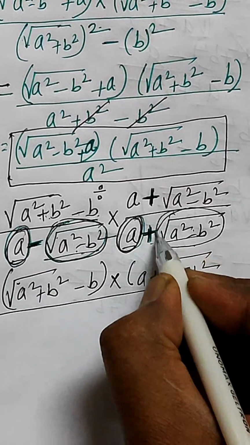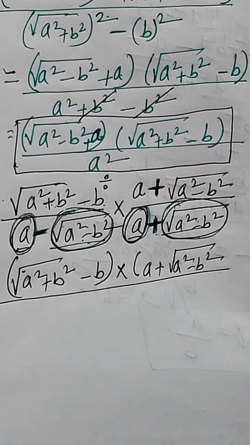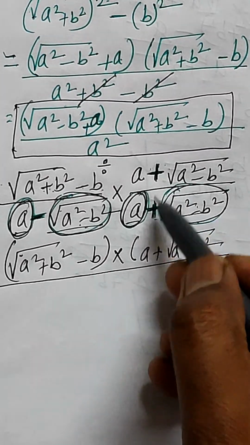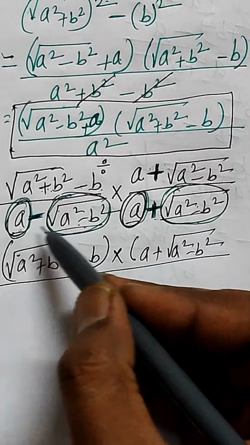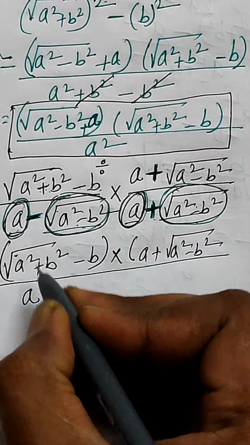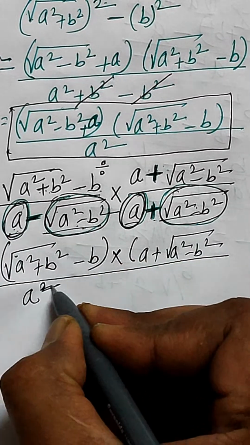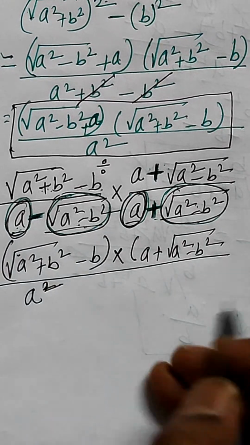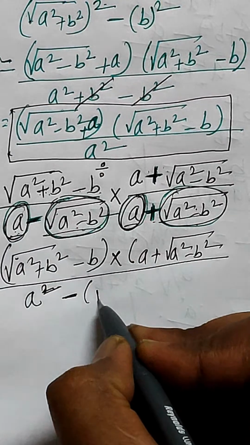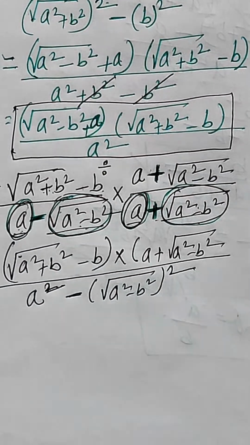I hope you understand. Just follow the denominator, because the benefit of rationalization you will have when you multiply the numerator and denominator with the conjugate of the denominator. So here we are left with a minus b, that means a square into the denominator, minus b square, that means root over of a square minus b square whole square.